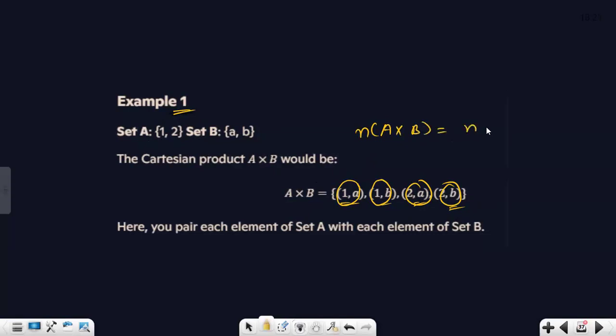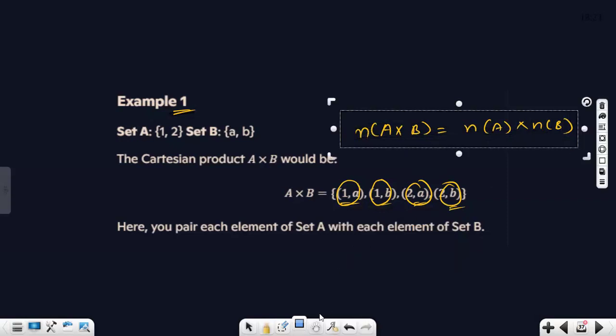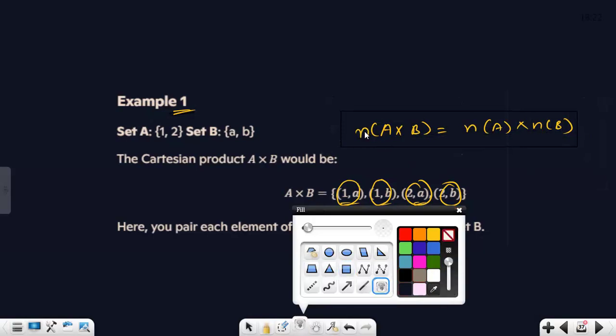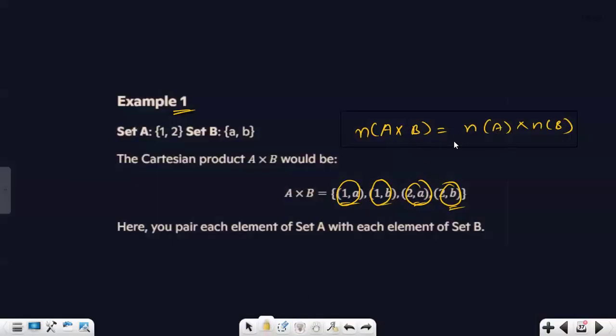So if we observe, the number of elements in the Cartesian product is given by this formula. Here there were two elements in set A and two elements in set B, so 2 into 2, 4.